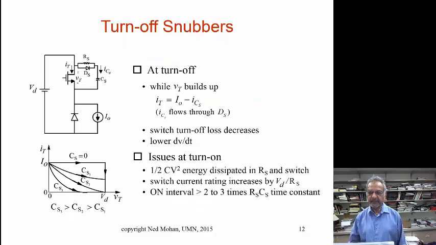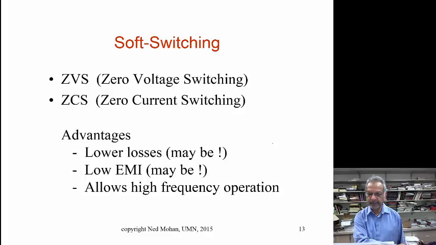And then we have turn-on, turn-off snubbers, where you have this RDS snubber as shown here across the FET. But using these snubbers, the total power loss doesn't really change very much. Actually, it is just transferred from the device to the snubber. So this is a solution, I would say, of last resort.